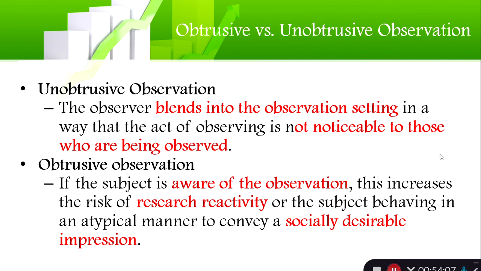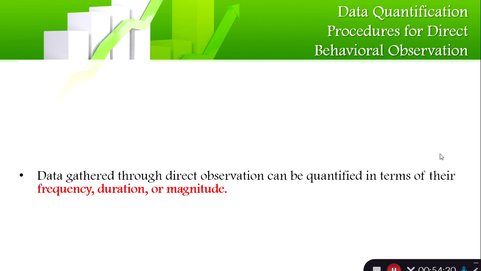And then, of course, the opposite would be obtrusive observation, which is when the subject is aware of the observation. This increases the risk of research reactivity, which is what I mentioned, or when the subject or the client begins to behave in an atypical manner in order to convey a socially desirable impression.